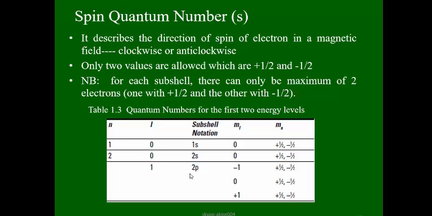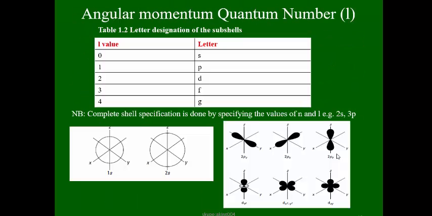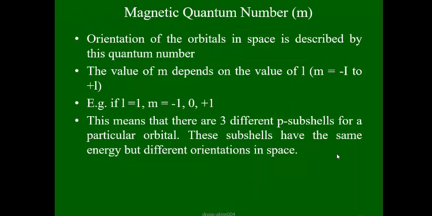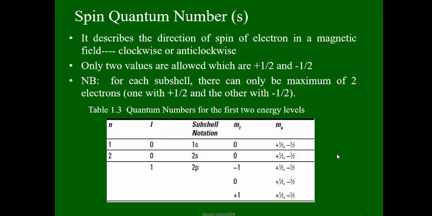If we have d, and l is equal to 2, as we said before, minus 2, minus 1, 0, 1, and 2, and each of these can contain 2, it means that d can contain a maximum of 10 electrons. So f like that, g like that. We can use this table to determine the number of electrons that can be there.